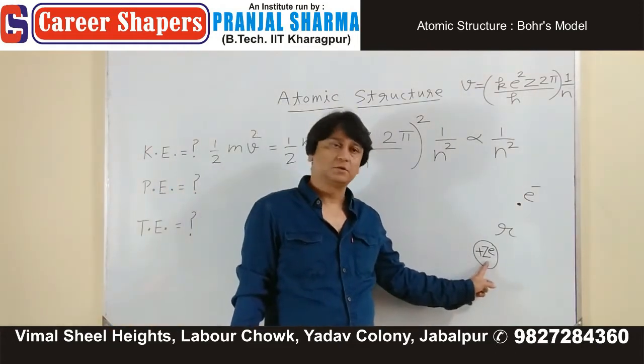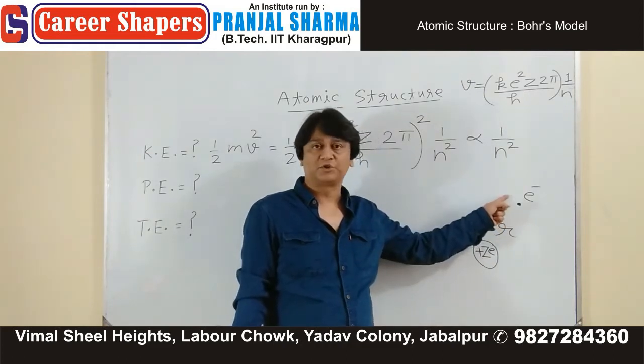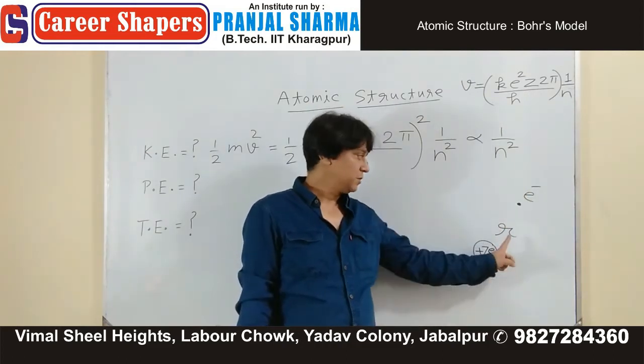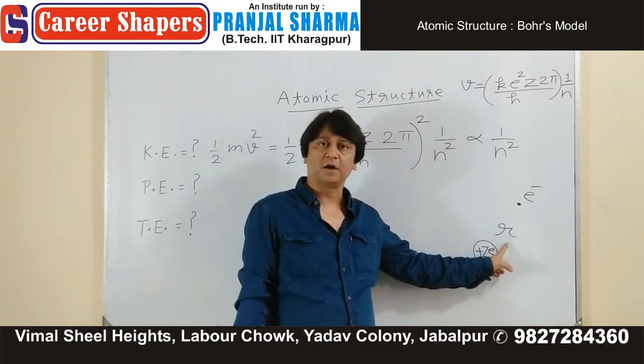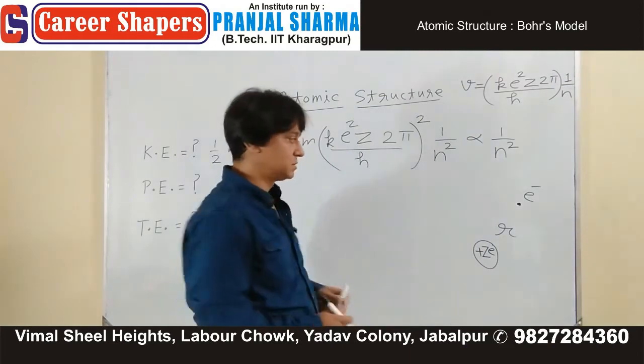A nucleus which has a charge of plus Ze, an electron which has a charge of E minus, and these are separated by a distance of r. Now electron and the nucleus, they are what? Point charges.